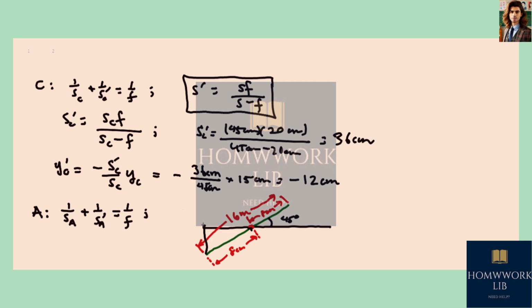This distance. That is the extra bit that I need to find, and that can be easily found by examining that I have a right triangle here.